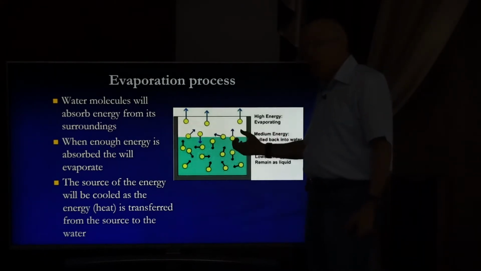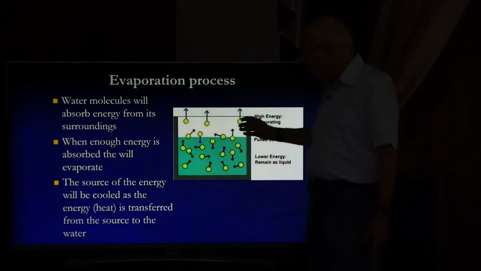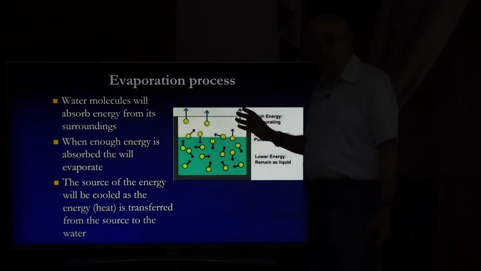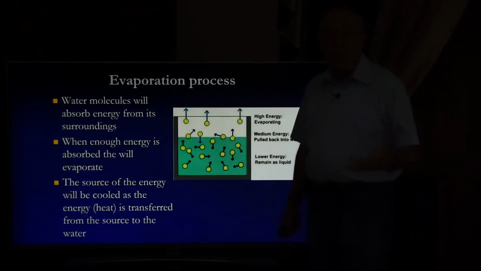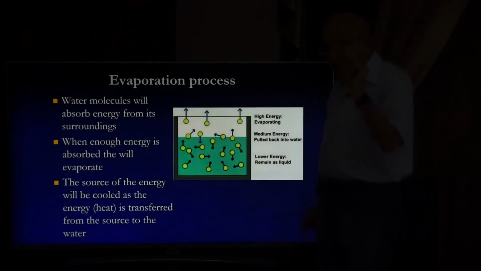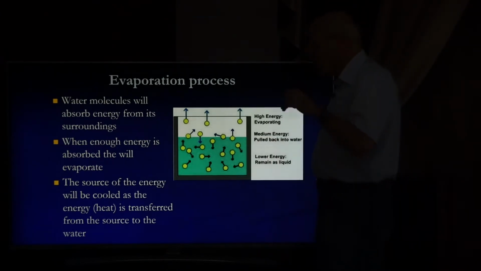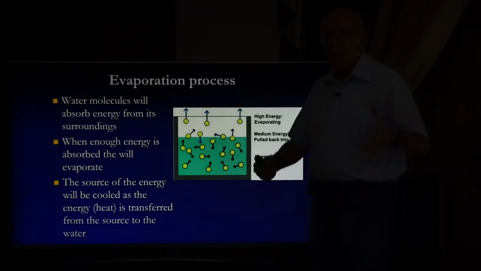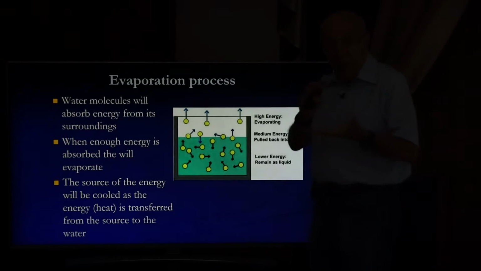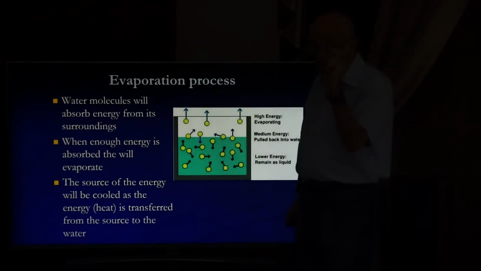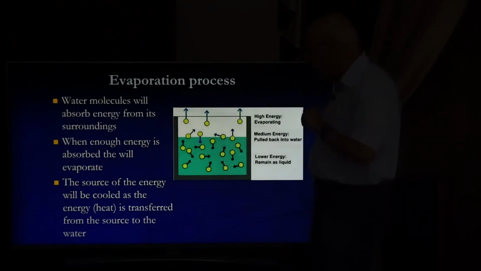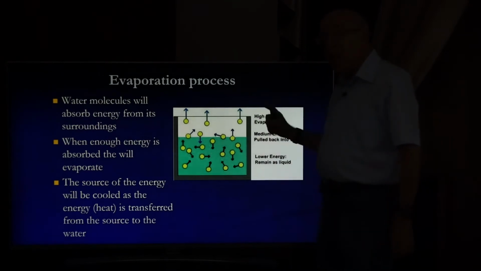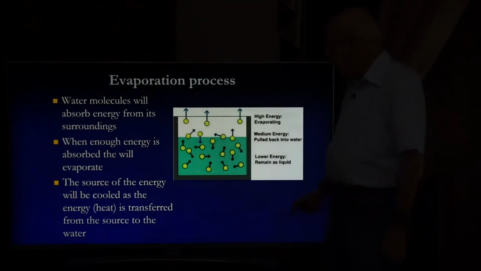So it will absorb energy from the surroundings in order to turn into gas. And it actually needs quite a bit of energy, 500 and something calories for each gram of water, which is quite a lot if you consider that you eat around 1,000 calories for a big dinner. So half of that to evaporate 1 gram, or 1 cubic centimeter, of water is quite a bit. This is a very efficient system.